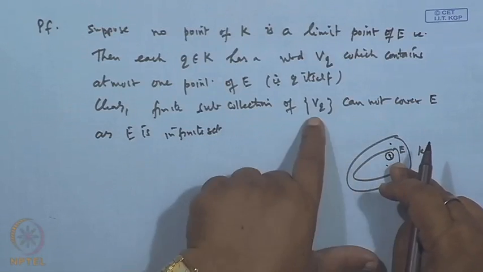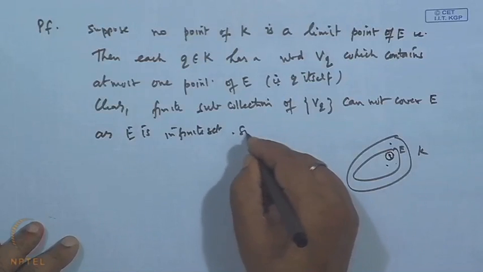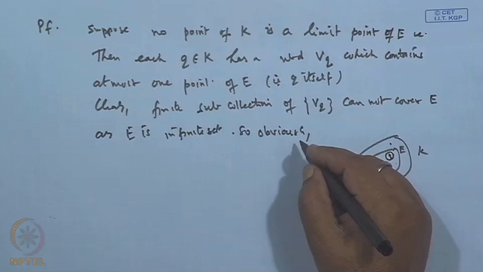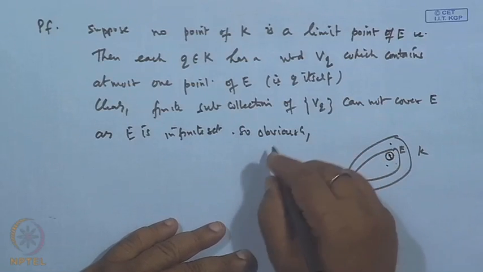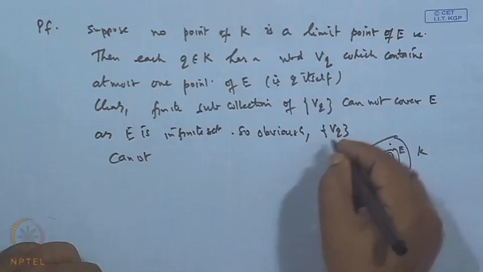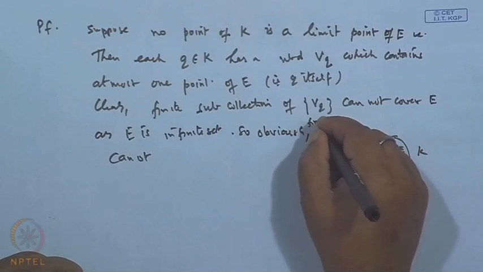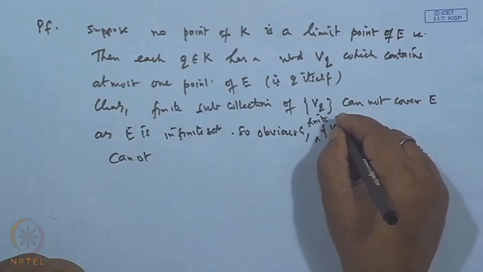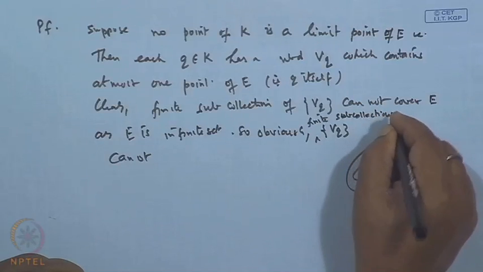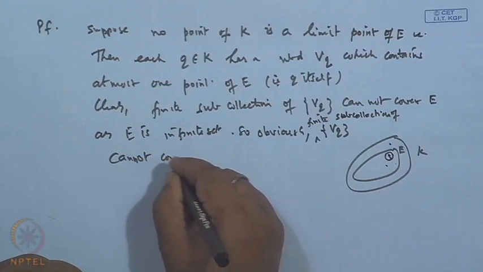So, if a finite subcollection cannot cover E, it can also not cover K. So, obviously a finite subcollection of these V Q cannot cover K.